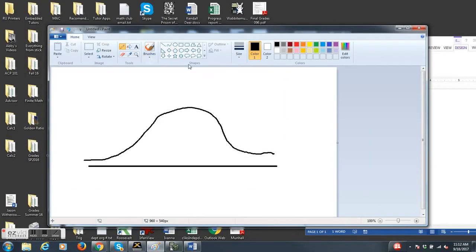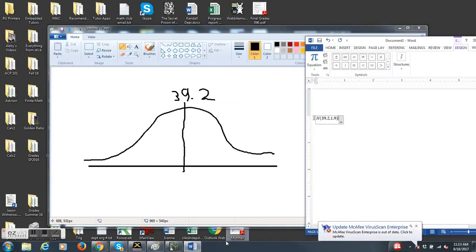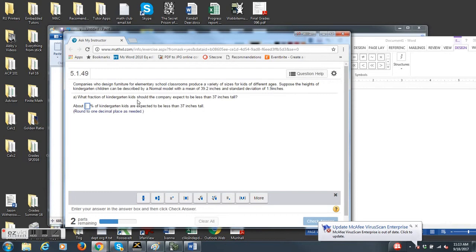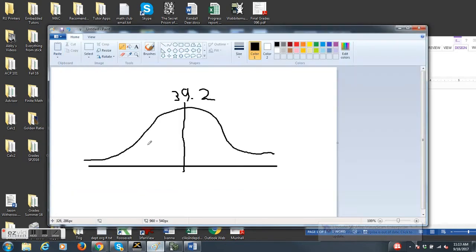Right in the middle is my 39.2, and I want less than 37 inches tall. So over here is 37, and I'm shading this side of the line.